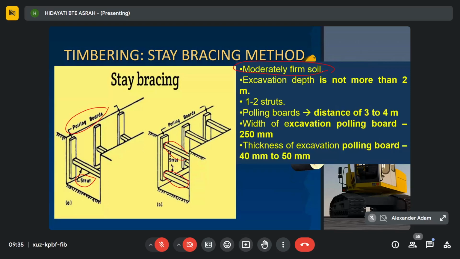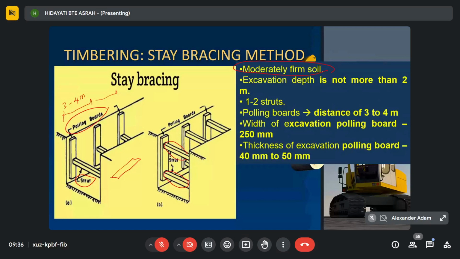Also, because this is moderately firm soil, the polling boards are placed at a distance. You see the distance between one polling board and another. For this soil condition, the distance is 3 to 4 meters. Let me draw the polling board like this.